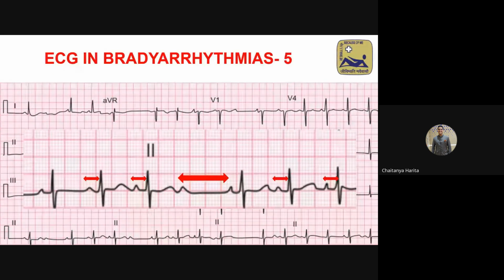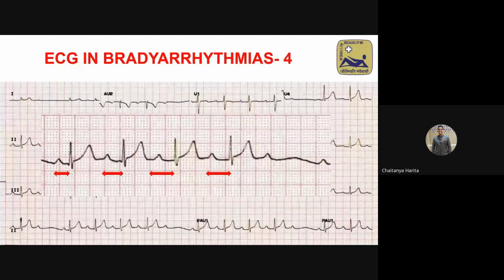So when you get a beat missed or dropped with a prolonged PR interval, which doesn't keep prolonging with each QRS complex, there's no successive prolongation. It is a fixed prolongation. This is Mobitz type 2, second degree AV block. So in Mobitz type 1, you had PR interval is prolonged, but it keeps getting more and more prolonged, more and more prolonged, drops a beat.